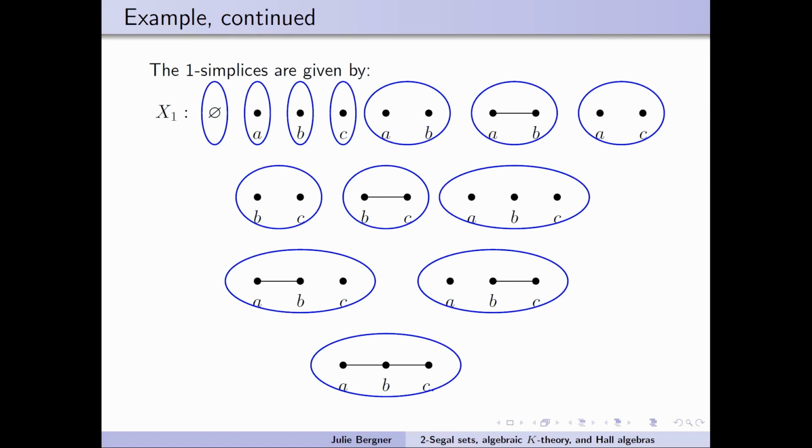You have the singletons, you have pairs, and if you're taking A, B and B, C, you can choose to have the edge between them or not. A, C doesn't have an edge between them. And then you have the various subgraphs with all three vertices. You can see why I chose a very small graph. It blows up pretty quickly.